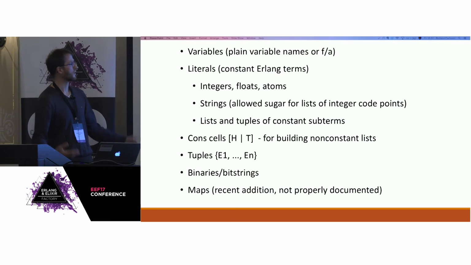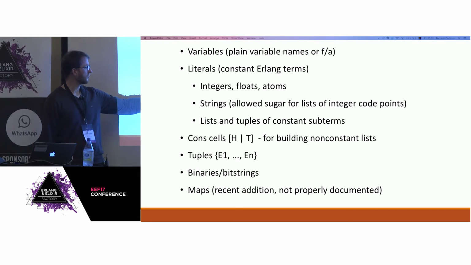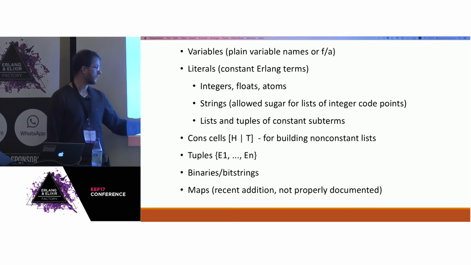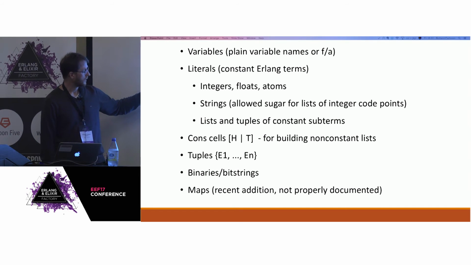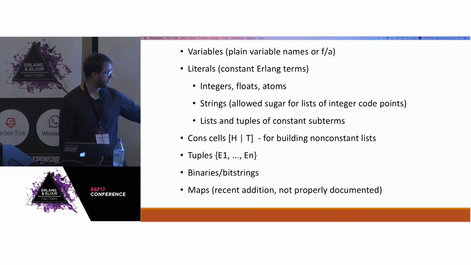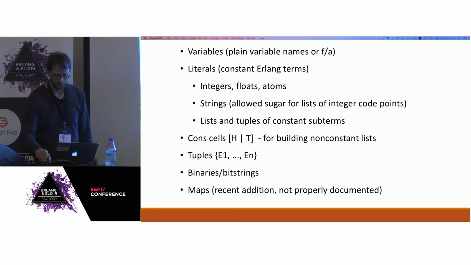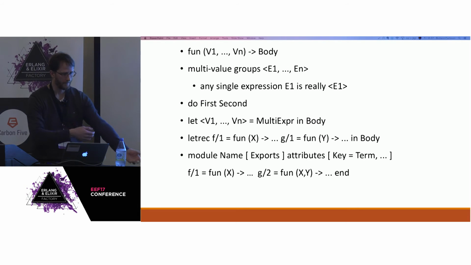That's also a constant literal. And then you have conses for building non-constant lists. There are tuples for tuple construction. There's support for binaries and bit strings on this level, and also, a recent addition, maps. There's not been time to actually write up any documentation for how maps work on the core level, so I'm going to skip that.